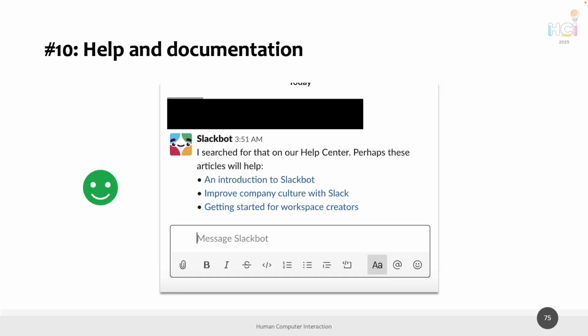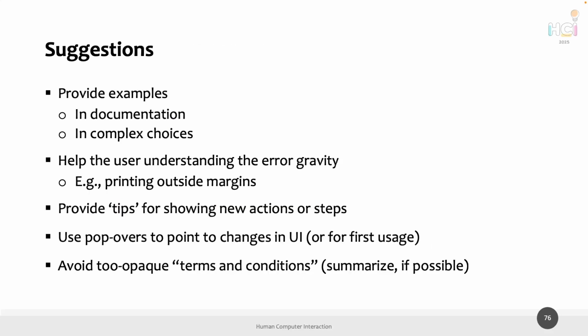So it's integrated in the platform, and it's a good strategy to give some indication on how to use the application to the user. So within a tutorial, provide examples, use videos, images, and in general try to integrate this within your interface.